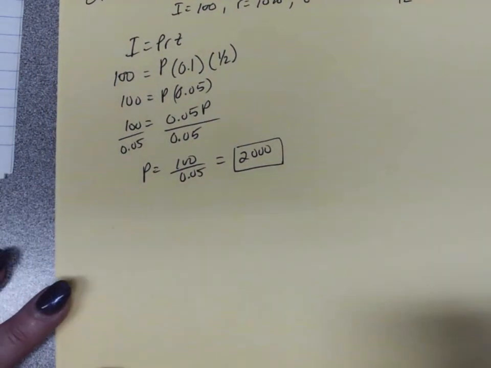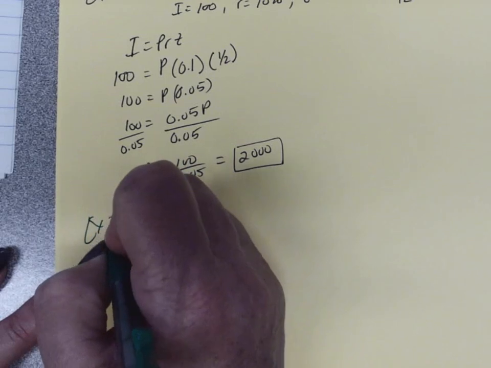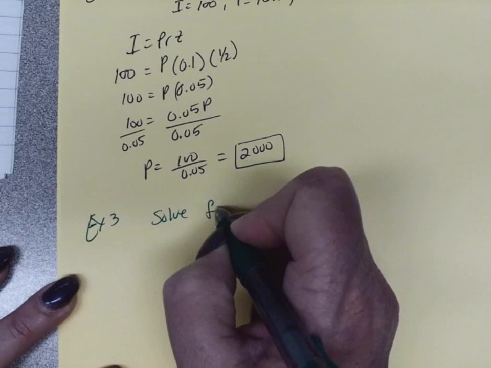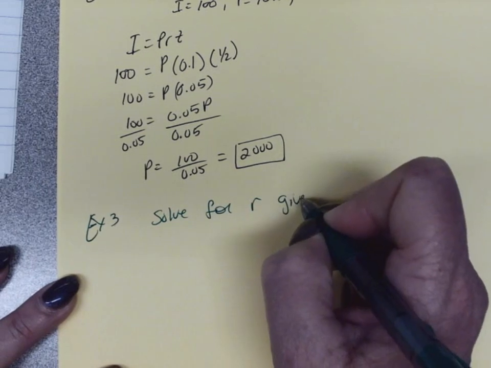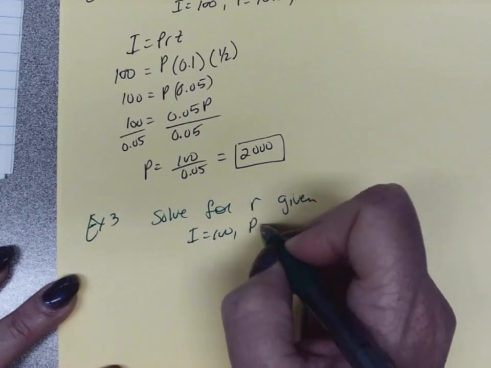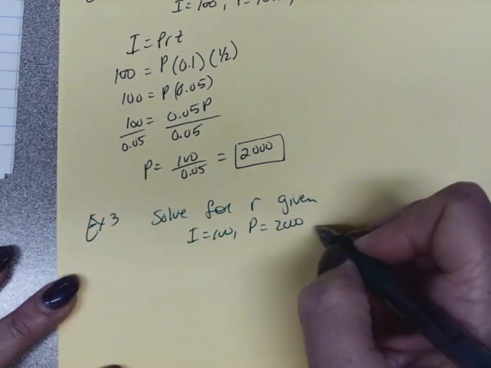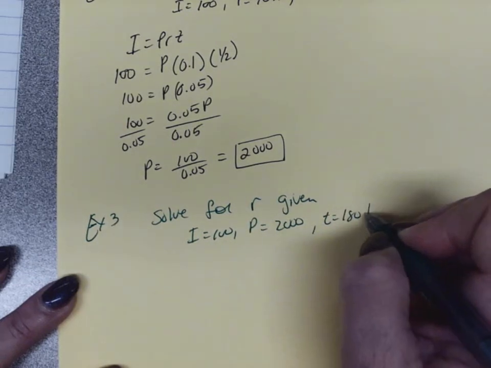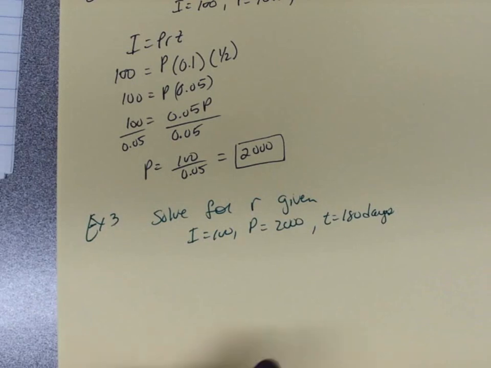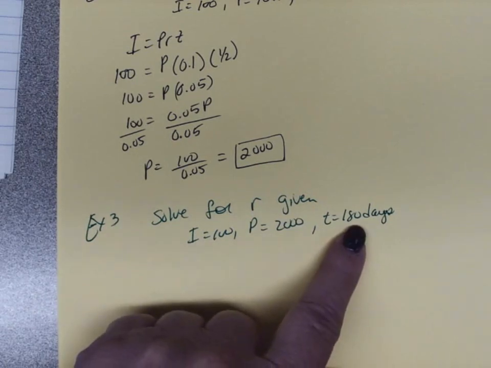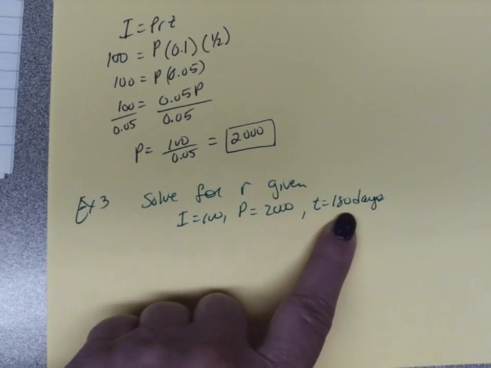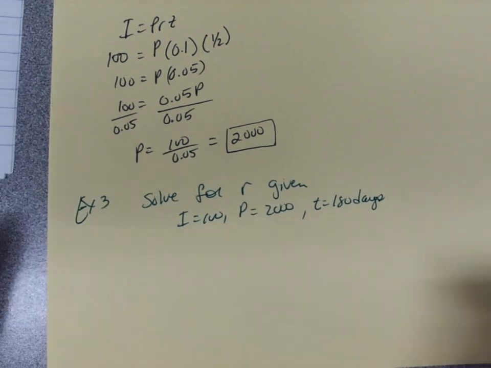All right, let's look at example 3. So example 3, we are going to solve for R, given that I equals 100, P equals 2,000, and T equals 180 days. Now, understand, it'll tell you in your homework to assume 360 days per year, because a lot of times they do kind of round.